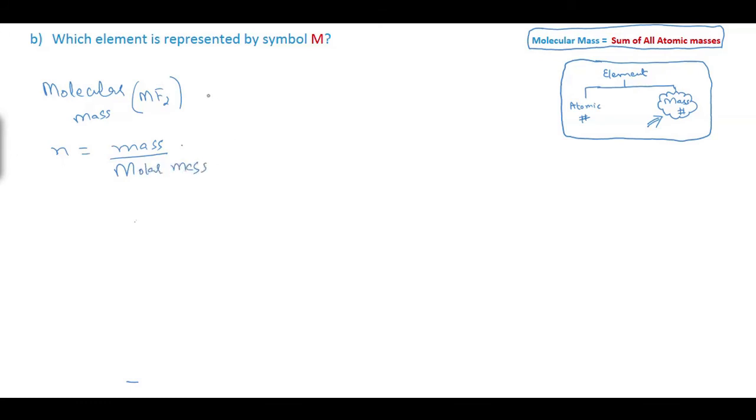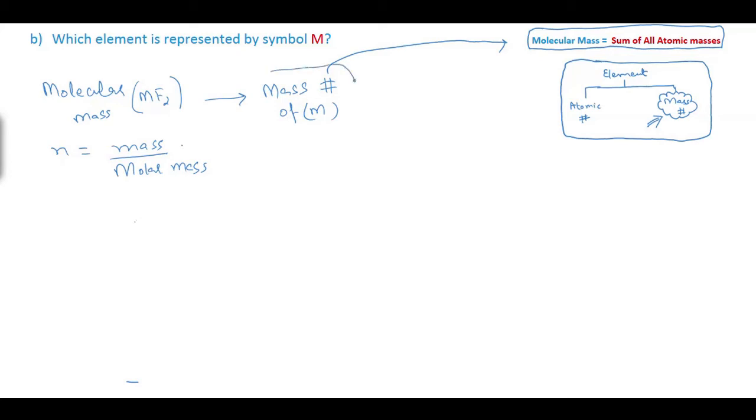After that, I'm going to determine the atomic mass or the mass number of metal M from this concept, that the molecular mass is equal to the sum of all atomic masses.